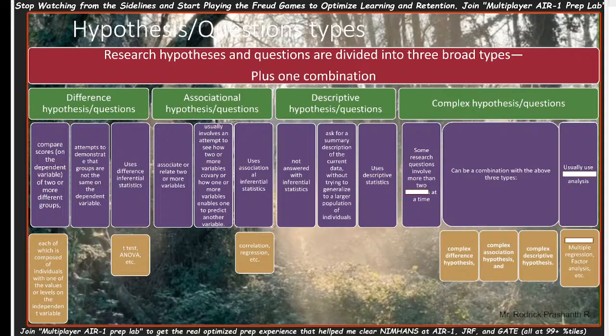Very easy, obvious. On the other hand, we have something more complex, when we have more than one dependent variable. Independent variables can be more than one even in difference hypotheses, but here we have more than one dependent variable, which is also your outcome.